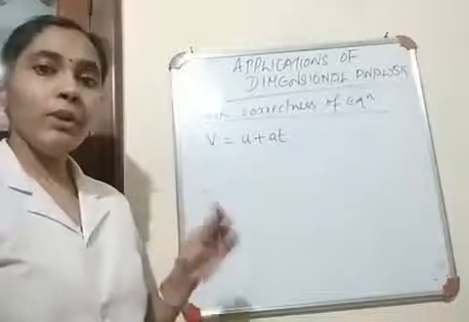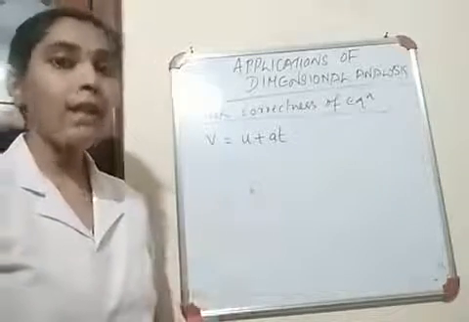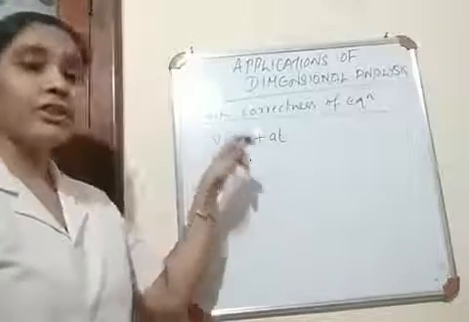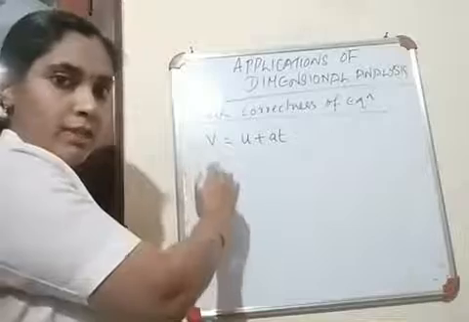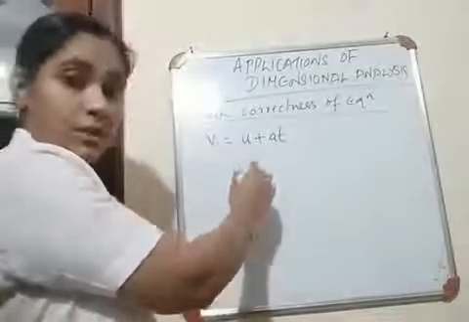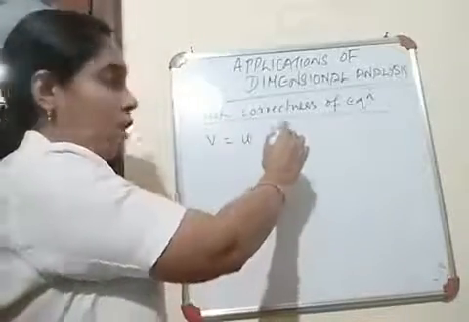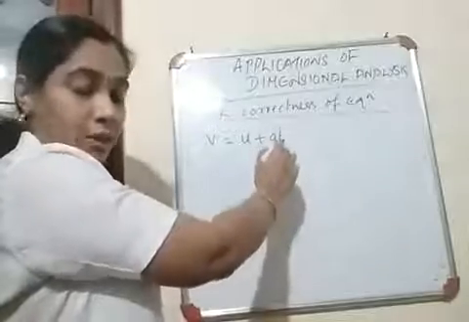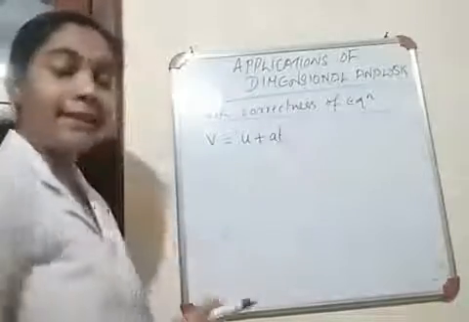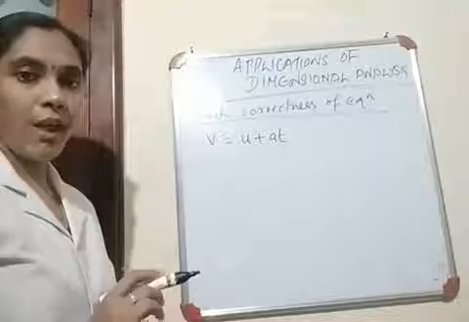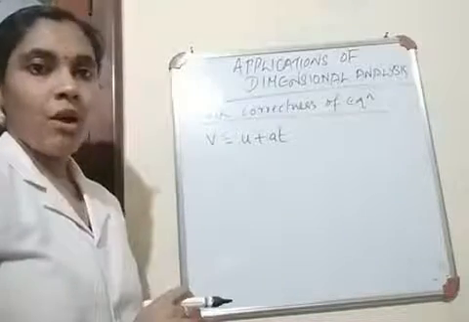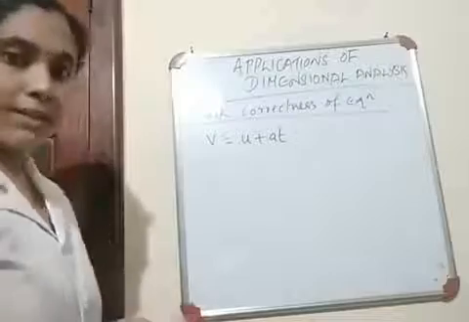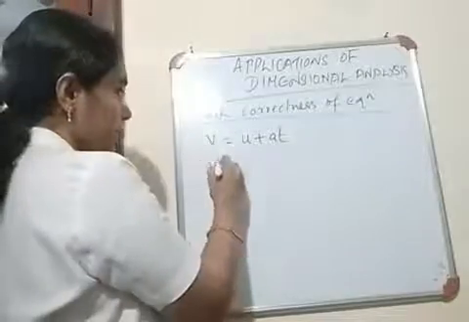For that, you need to find out the dimensional form of each term in this equation. On the LHS we have velocity v. On the RHS we have velocity u, also acceleration a and time t. So we need to find out the dimensions of each term of this equation. Let's start. First term is v.